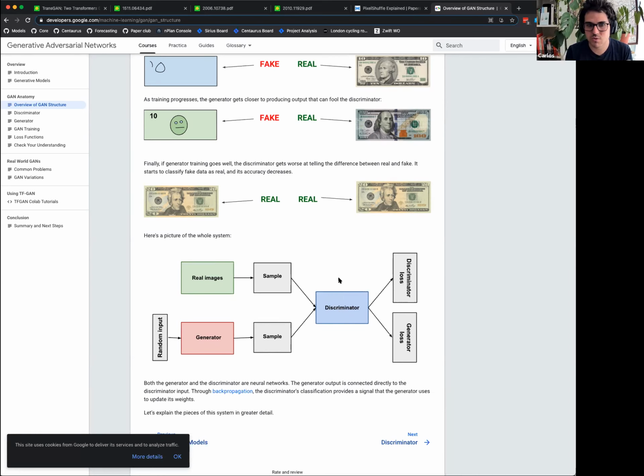You do that for a few epochs, and then you fix the discriminator and switch to training the generator. Now the objective of the generator, the generator loss, is to create outputs such that the discriminator always says that the images are real.